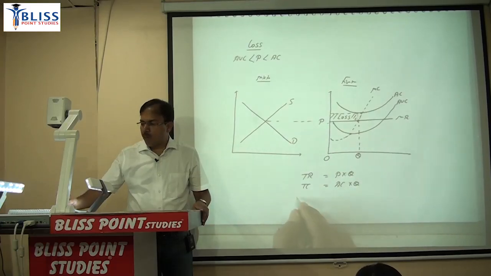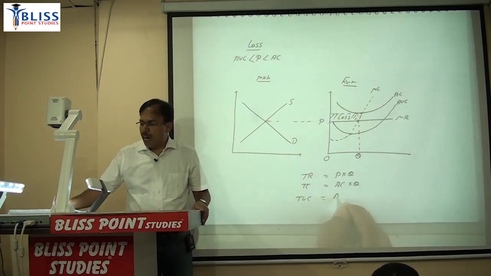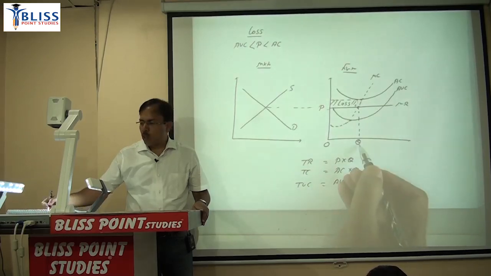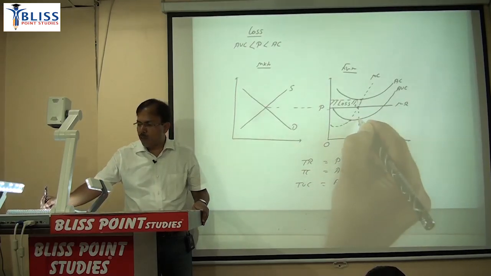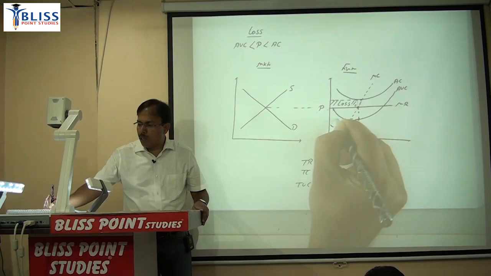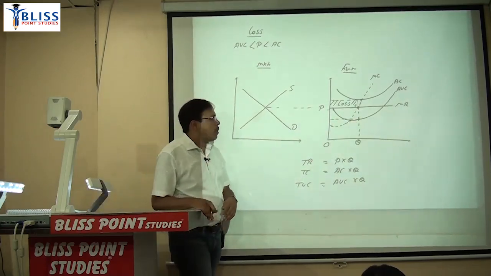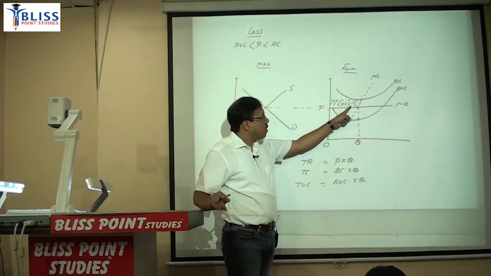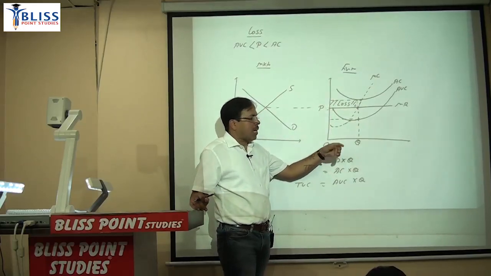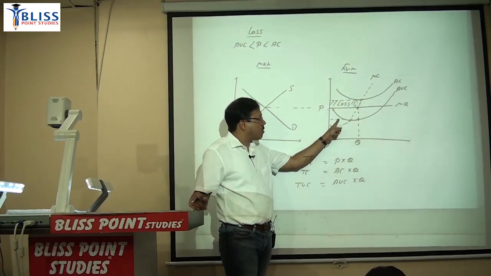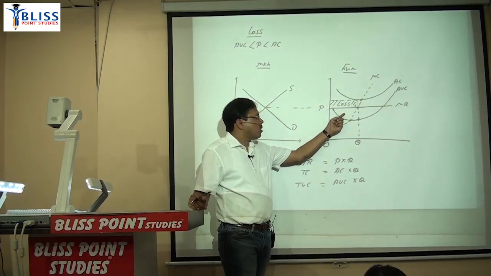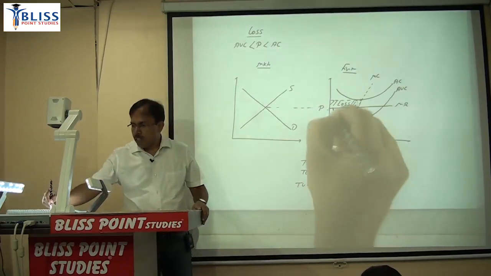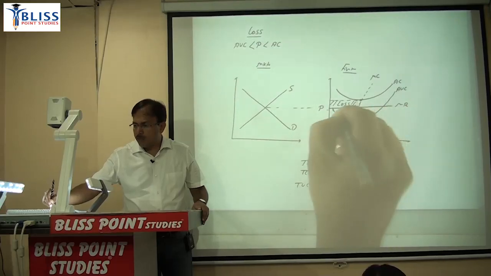Total variable cost will be average variable cost multiplied by quantity. So quantity तो common है. For this quantity, average variable cost is this. You mark this area. So which area is operating profit? This is the revenue area. Out of that revenue subtract the total variable cost, which is this area. So this unshaded area will be the operating profit area.